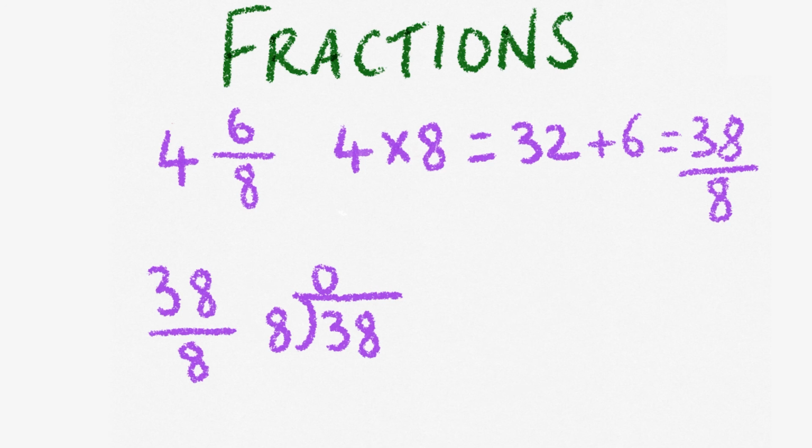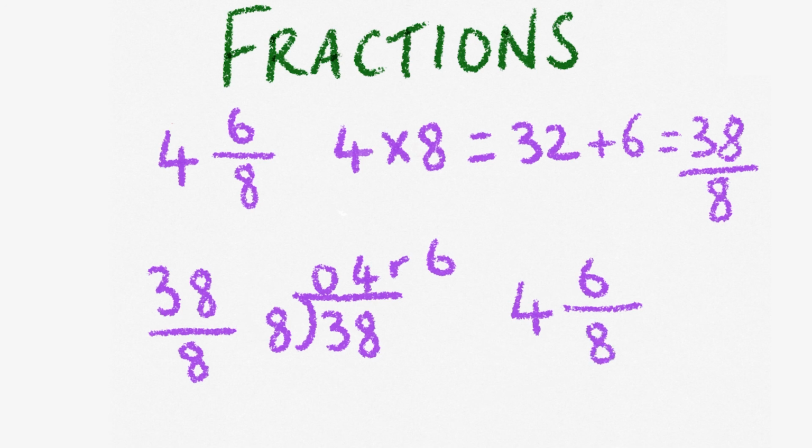In fact, it can go into 38 4 times. 38 divided by 8 is 4, but with a remainder of 6. So, if we remember how we converted from a mixed number to an improper, well, our answer should be 4 whole objects and a remainder of 6. Well, 6 what? We're still dealing in eighths.